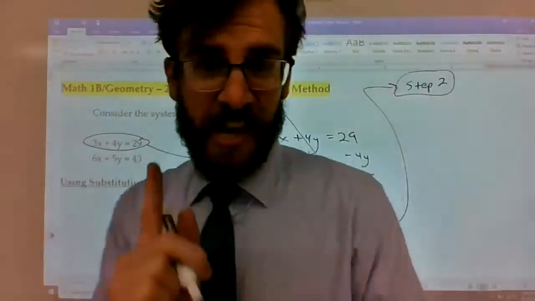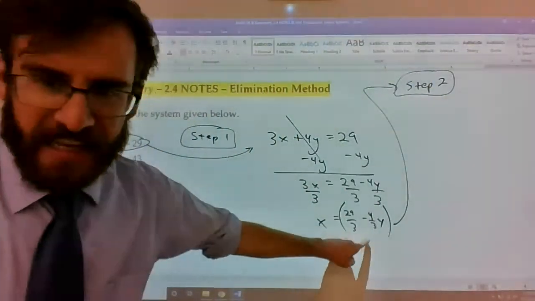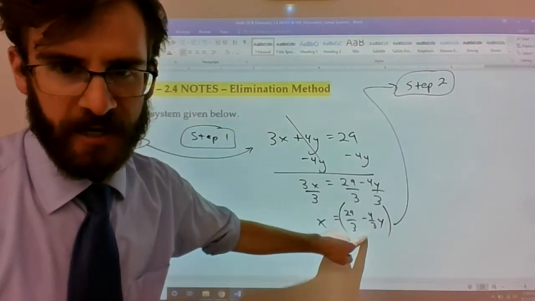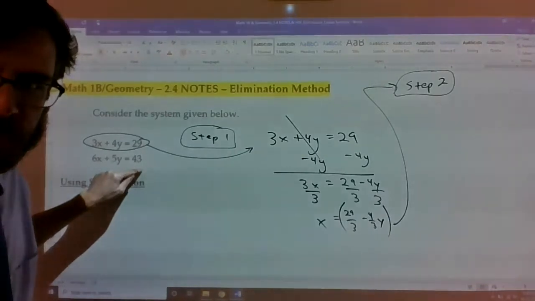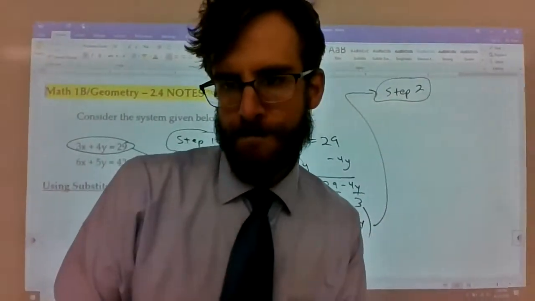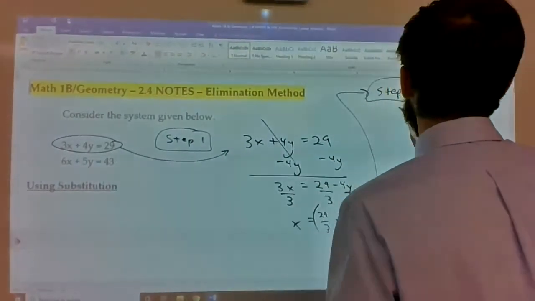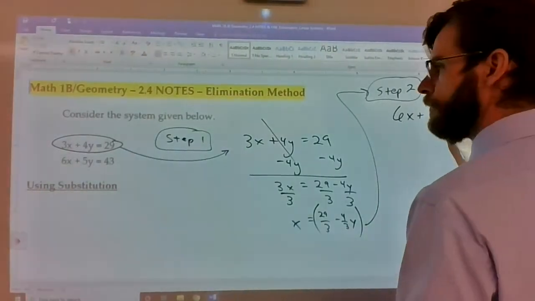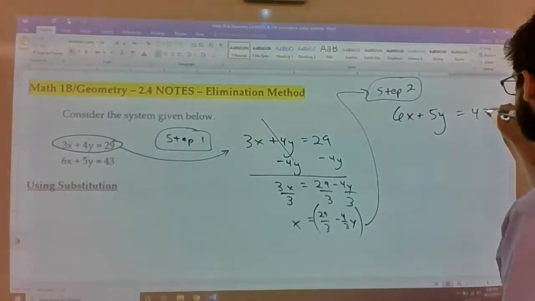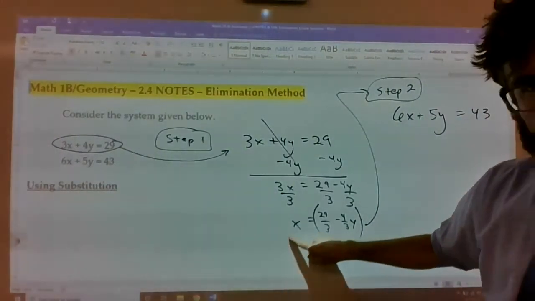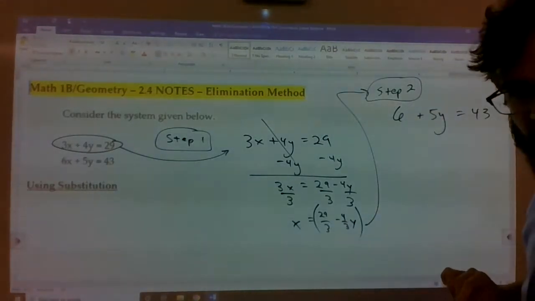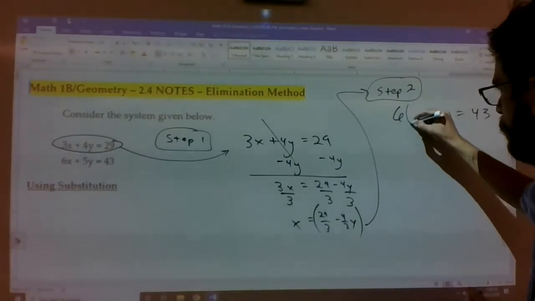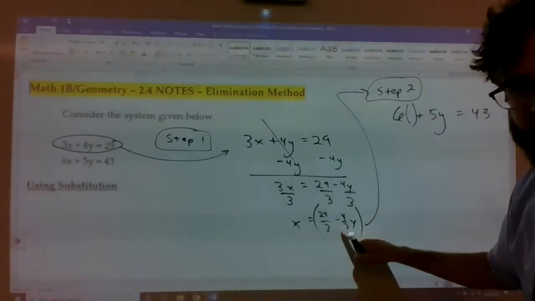that's where we take the second equation and plug in the new value that we got on step one. So the second equation is 6x plus 5y equals 43. Since we've got x by itself in the first equation, we're taking the x out of the second one and replacing it with whatever quantity is inside here.